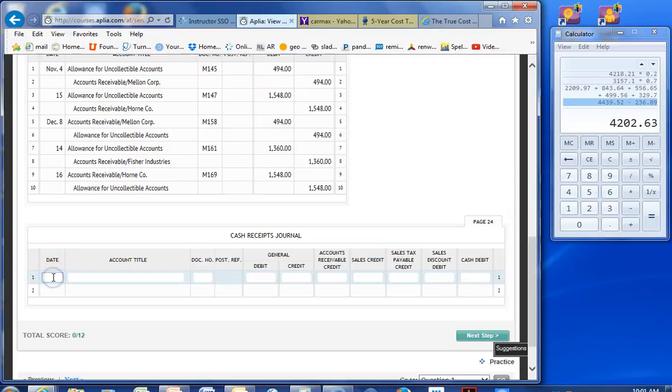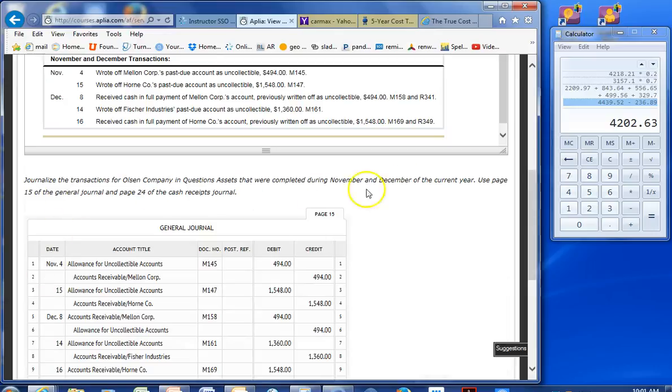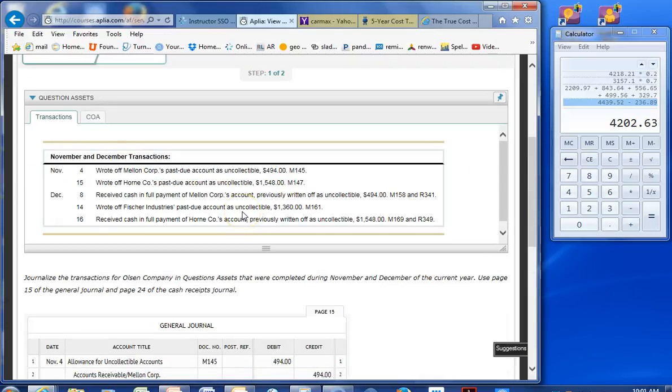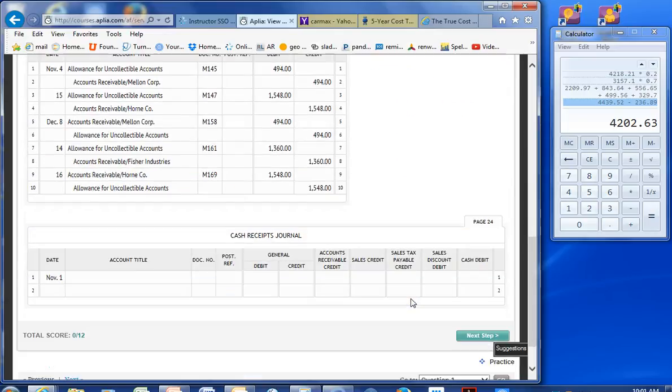Okay, cash receipts journal. We just have to start with what we did.